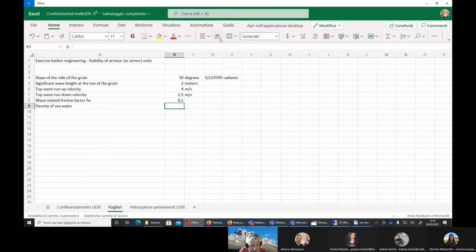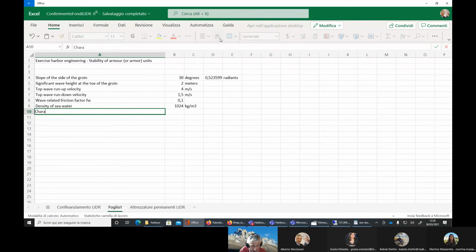The density of seawater is 1024 kilogram force per cubic meter, it's not in Newton. And now we have the characteristic size of the armor units, and this is 100 centimeters. Good.